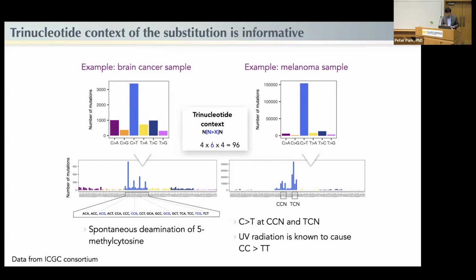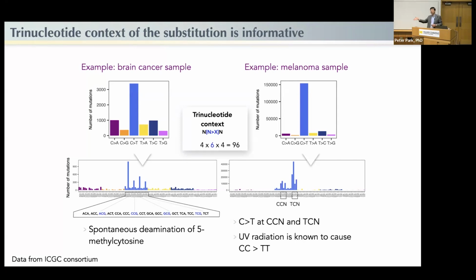So in the brain cancer, you have spontaneous deamination of 5-methylcytosine, which manifests in the pattern below, right? You have this particular pattern because those are the contexts in which that occurs. For melanomas, we know that UV generates lots of CC to TT substitutions, and so that manifests in the pattern that's shown, right?